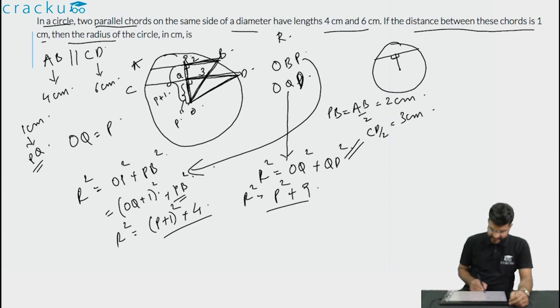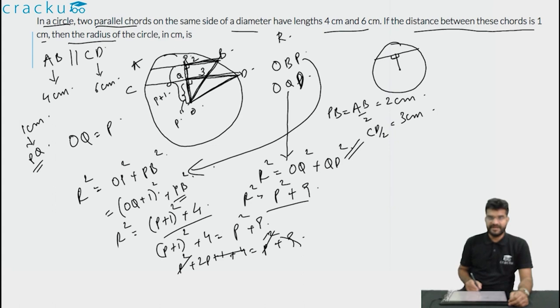So in these two equations, because R square is common, (p plus 1) whole square plus 4 is equal to p square plus 9. We can simplify this by canceling p square on both sides, so this becomes p square plus 2p plus 1 plus 4 is equal to p square plus 9. We can cancel p square, and 1 plus 4 is 5.